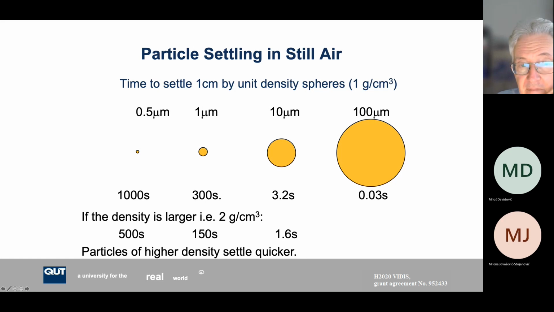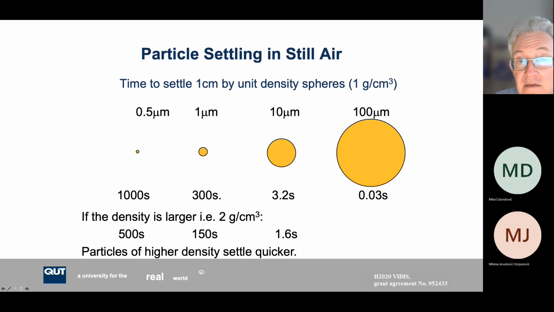A particle of half a micron in totally still air will take 1,000 seconds, so that's more than 15 minutes, to settle only 1 centimeter. That's a very short distance, while a particle of 100 micrometers will drop down this 1 centimeter in less than 0.03 seconds. So we see that this will really quickly settle and be gone out of the atmosphere, while smaller particles remain suspended for a long time.